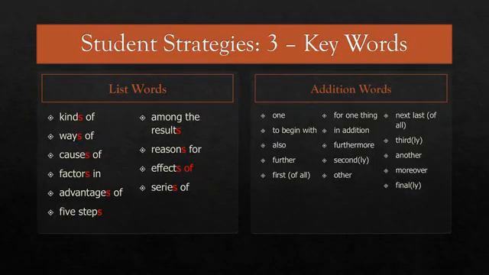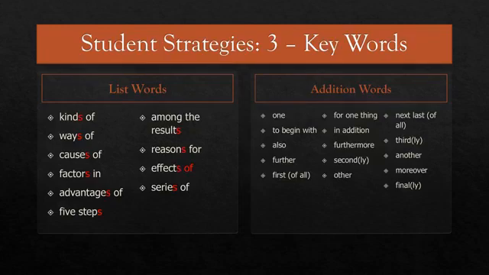A final strategy is to use keywords. So what I've provided here are some sample list words and addition words, and these are often included in a main idea so that the reader understands that there are several things coming up.